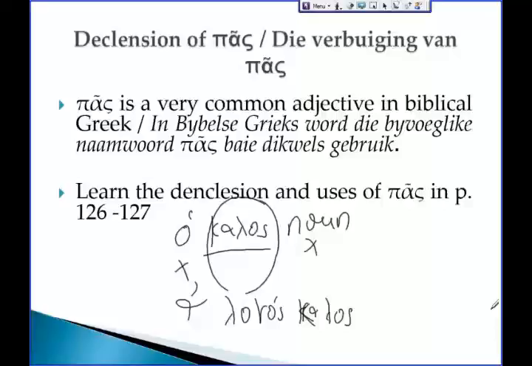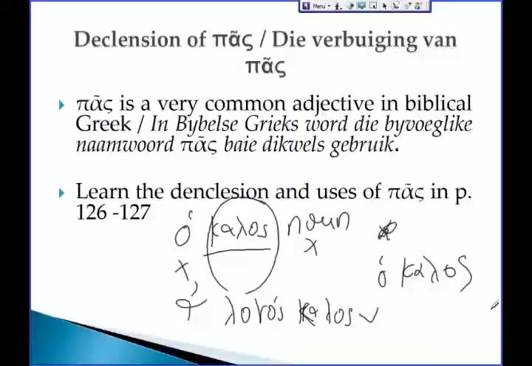That is the predicative. And then the substantive, the adjective will stand alone, the good. So here we are talking about the predicative position. The word is good. That is the predicative position.